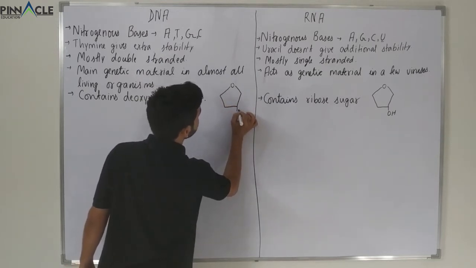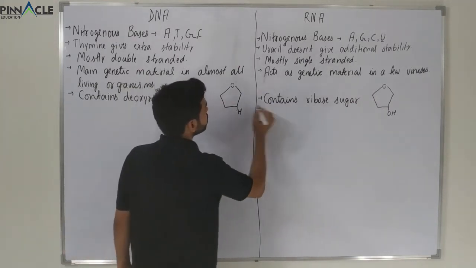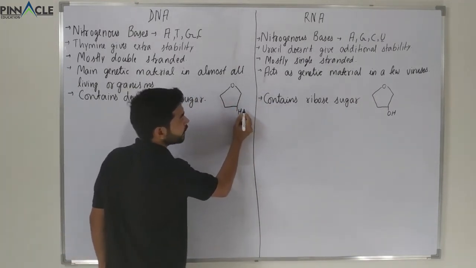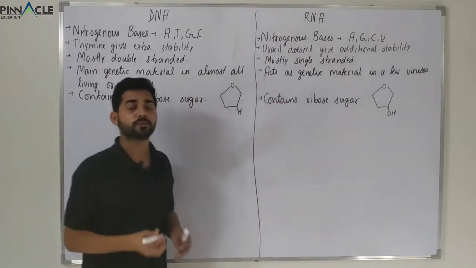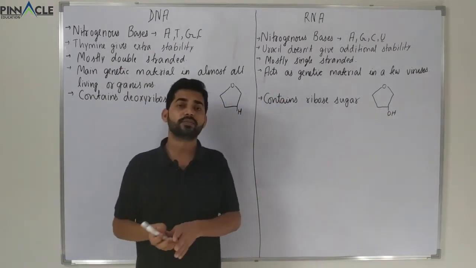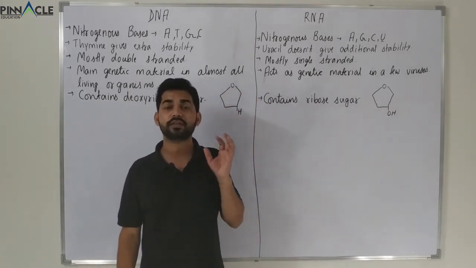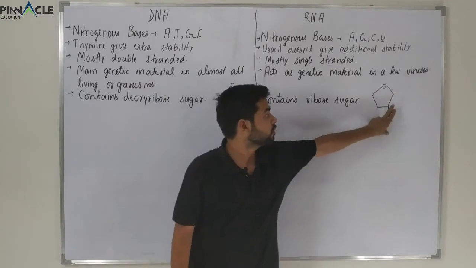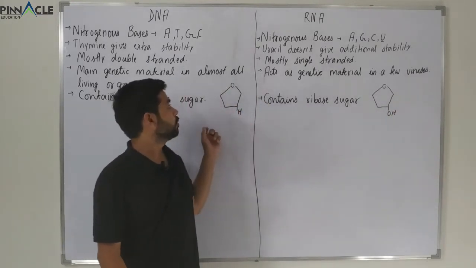Here we have H. This is the second carbon and this is the first one. So here it's H and here it's OH. This OH is a reactive group. From organic chemistry, you might have studied that the hydroxyl group is a reactive group. Oxygen is a very reactive atom. Therefore this is a reactive thing, so it is less stable and this is more stable.